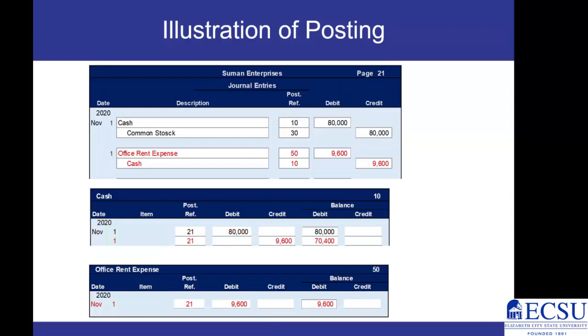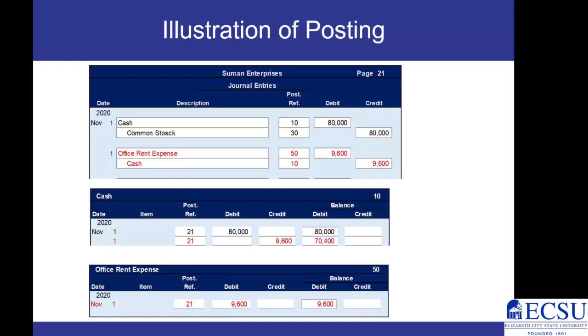Now the next journal we had was office rent expense to cash. Remember, I already have a cash account opened. So in a T shape, office rent expense is another account, so let me open that.